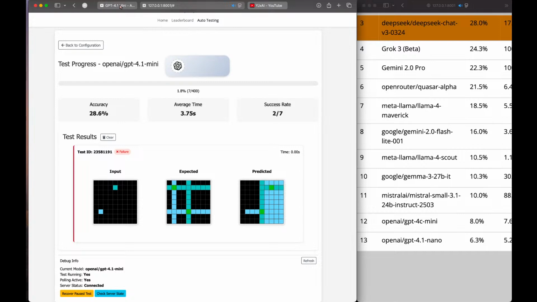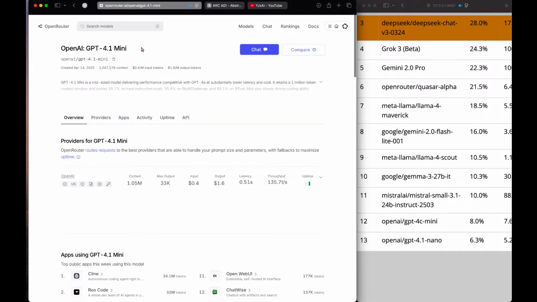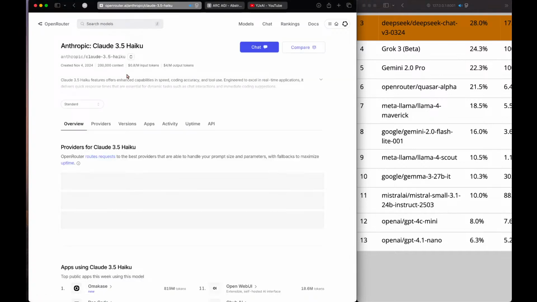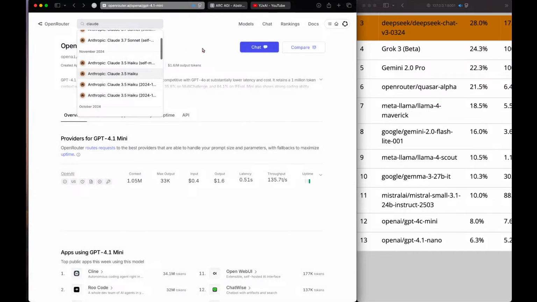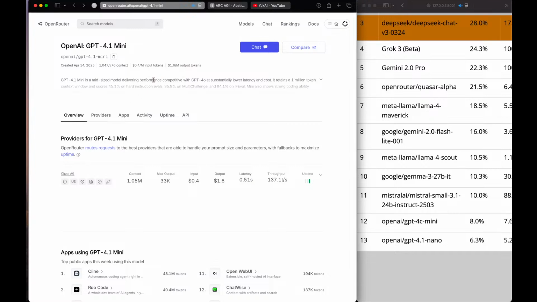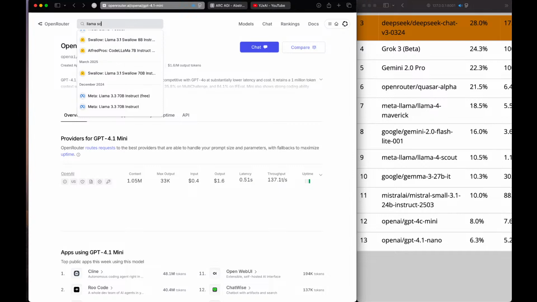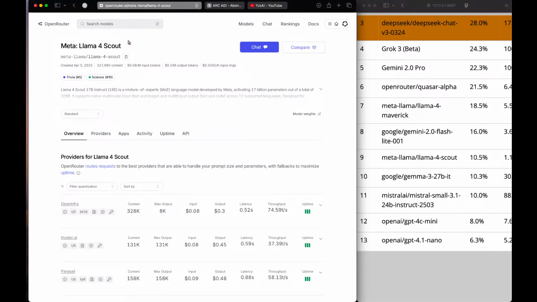What is the pricing of GPT 4.1 Mini? Okay, so it is priced at $1.6 per million output tokens and $0.4 per million input tokens. So where have I seen that? Let's look at Claude 3.5 Haiku. Okay, Claude 3.5 Haiku is way pricier. I think, let's see, Llama Scout. So even Llama Scout is very cheap.